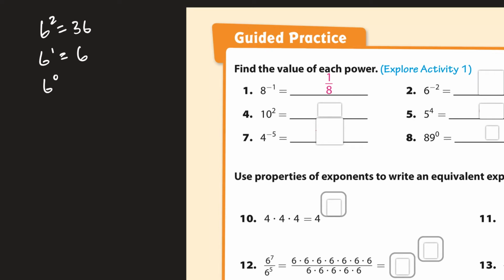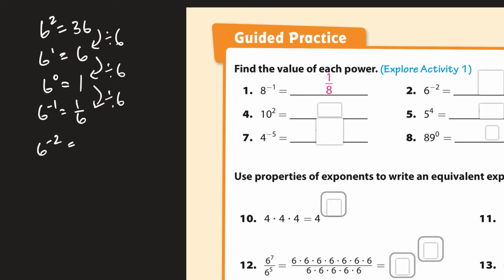And 6 to the 0 is 1. Any number to the 0 power is 1. And take a look, you would divide by 6 each time. 6 divided by 6 is 1. So 6 to the negative first power is divide by 6 again. That would be 1/6. And for 6 to the negative second power, you would have to divide by 6 again.